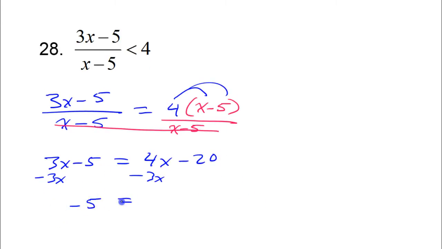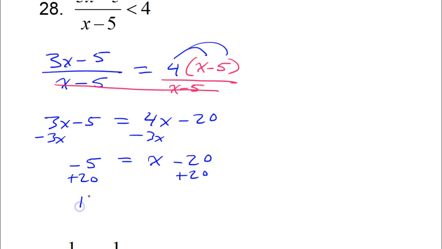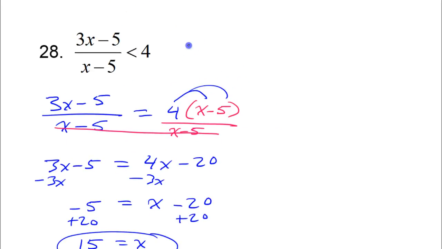So I have -5 is equal to x minus 20, and then I'm going to add 20 to both sides. So that's going to give me 15. Alright, so x equals 15. That's my first critical value.